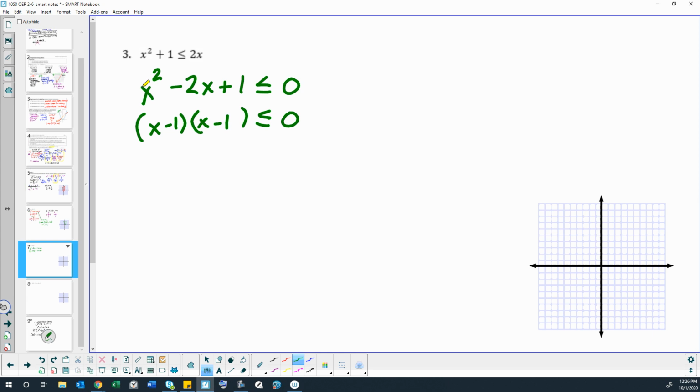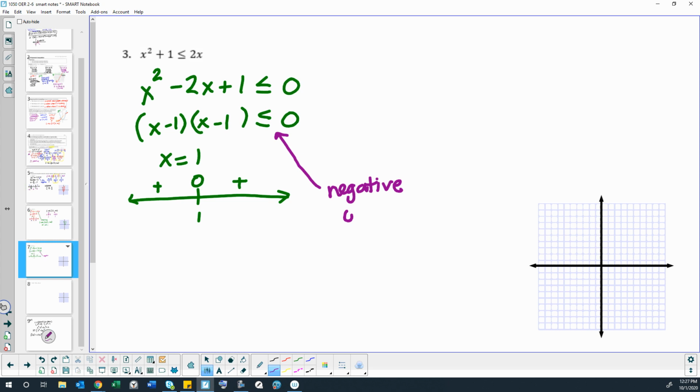So the less than, right? So we already know from the last problem, so we don't even have to do very much here. We already know that it's going to be positive on both sides and 0 in the middle. So the question is, where is it negative or equal to 0?